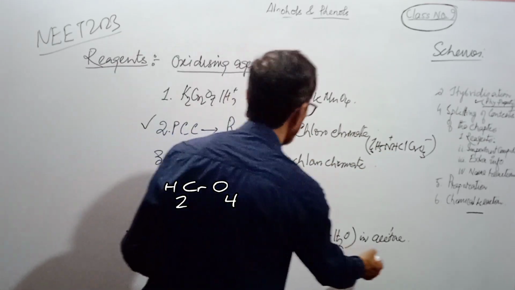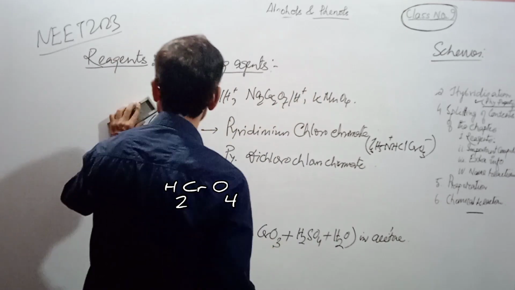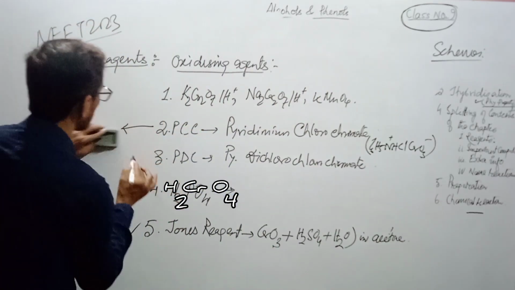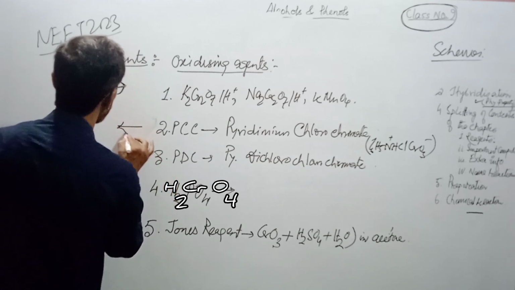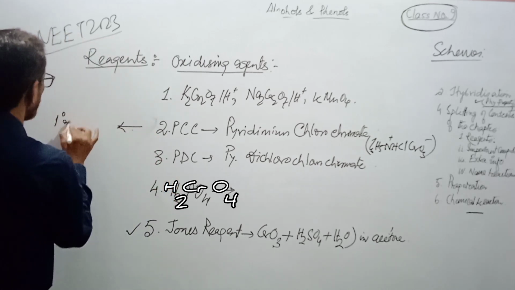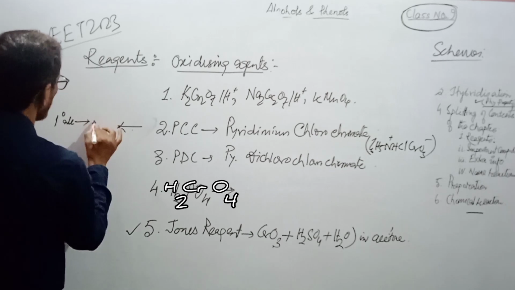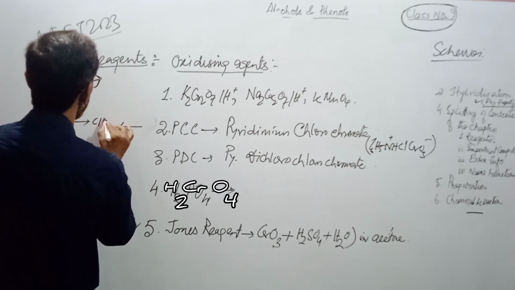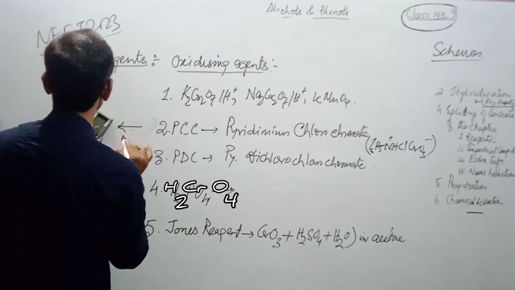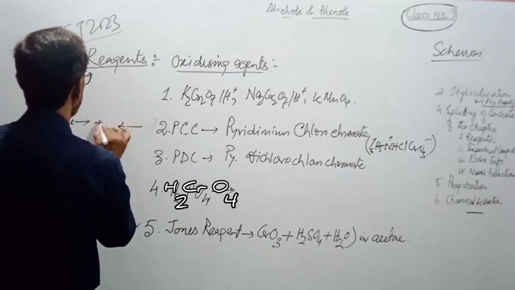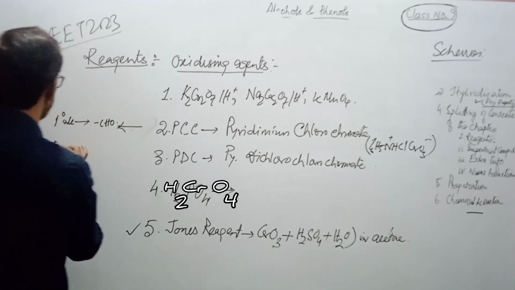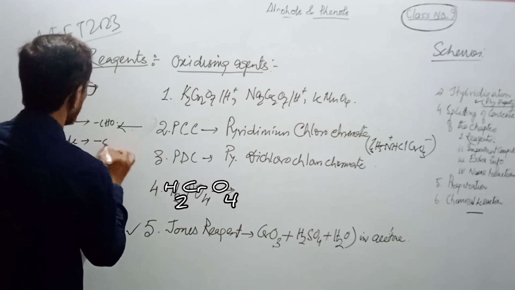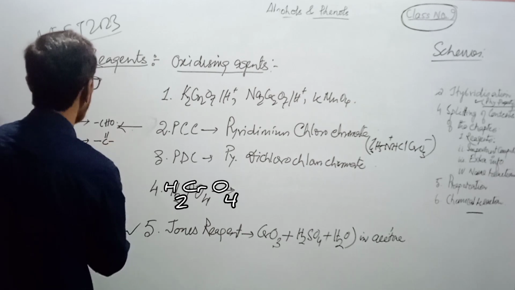And Jones reagent is this. Now, what is the speciality of this? The speciality is that it converts 1 degree alcohol, please keep it in your mind, 1 degree alcohol means OH, into CHO, and 2 degree alcohol into the ketonic group.